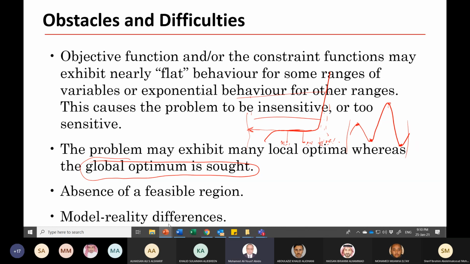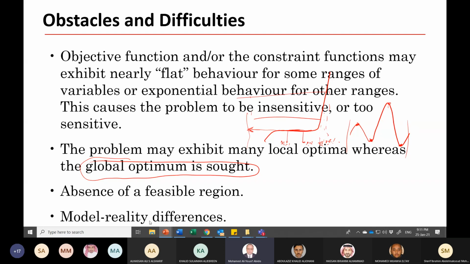So, model-reality differences are one of the difficulties. You have a model, you optimize the parameters based on the model, and the model is a little bit different than the reality due to some uncertainties, some approximation of nonlinearities, some imprecision in the modeling.